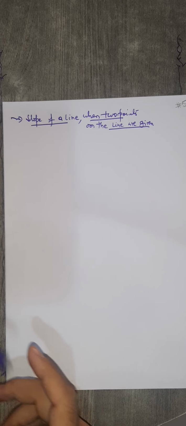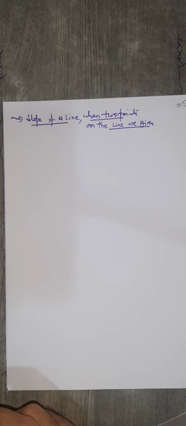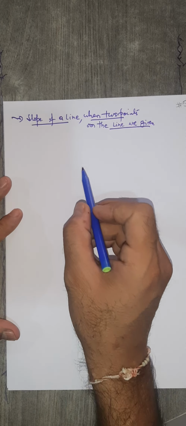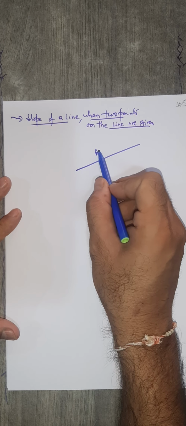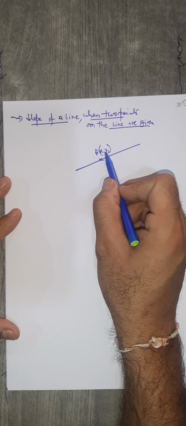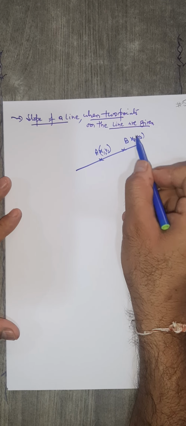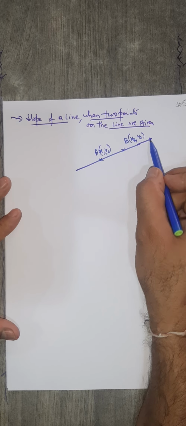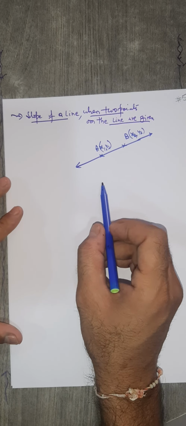Okay, now we get the slope of a line, the gradient of a line, or the inclination of a line with the ground when we are given 2 points. So you have a line where 2 points are given with the coordinates x1, y1 and the other one x2, y2. The angle of this line with the ground you are not given.